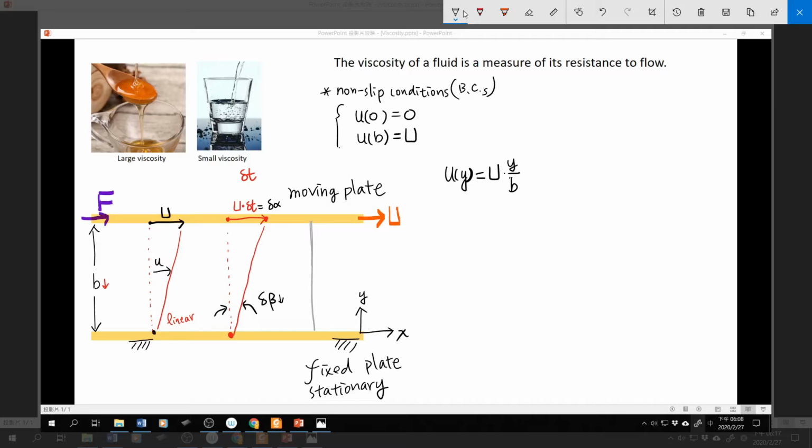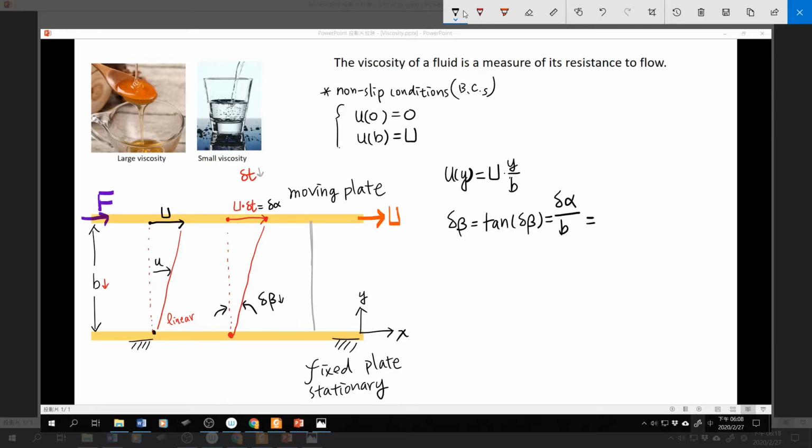So in this case, if delta t is very small, then delta beta is equal to tangent delta beta, right? And it will equal to tangent delta alpha.